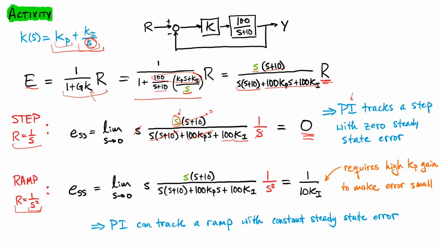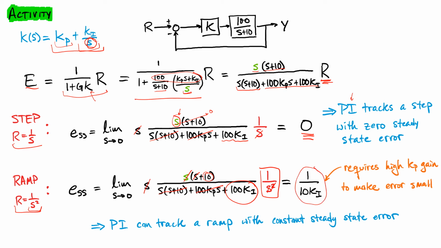Now as we move to the ramp case, we plug in 1 over s squared for the reference. One factor of s cancels with this, and another factor of s cancels with that extra term in the numerator. Now as s goes to 0, this term goes to 0, this term goes to 0, this term goes to 0, and I'm left with 10 over 100 k_I, or just 1 over 10 k_I.